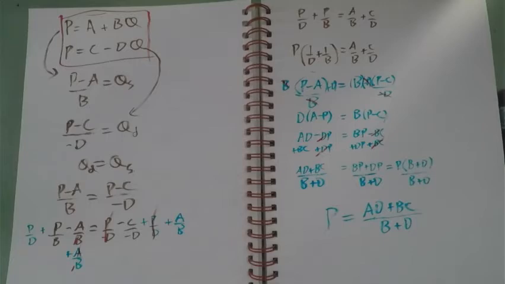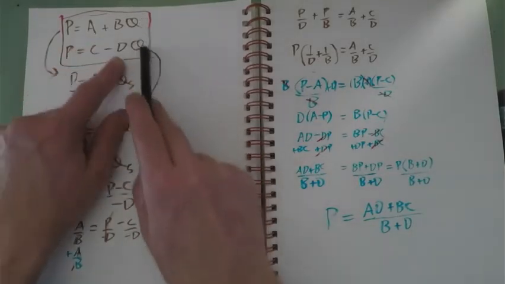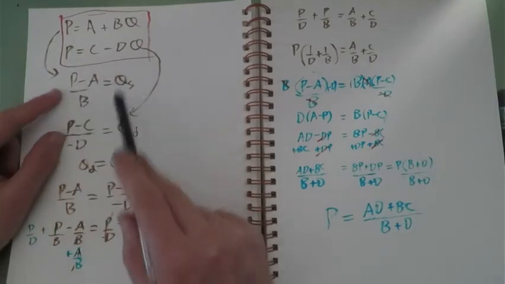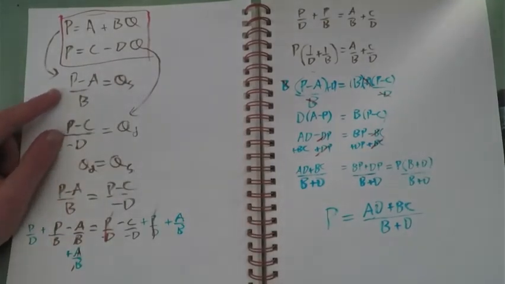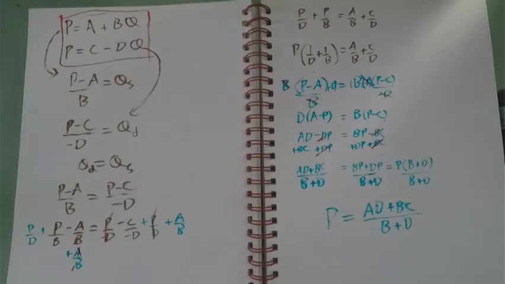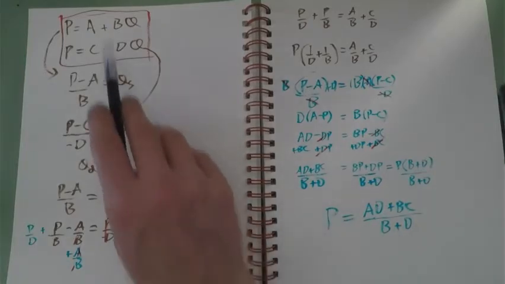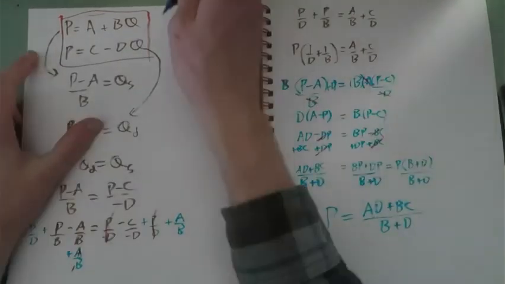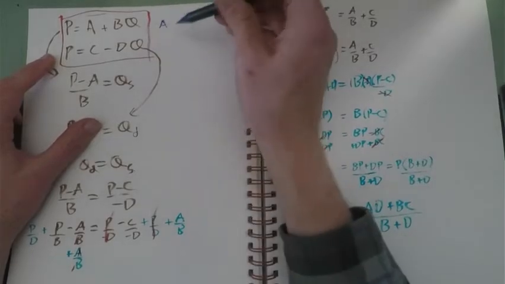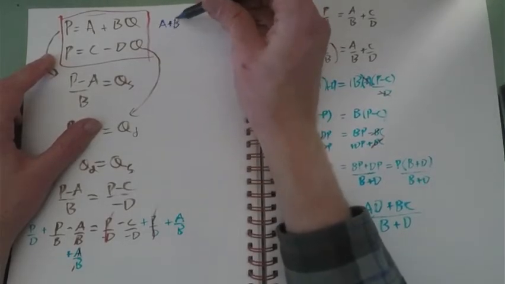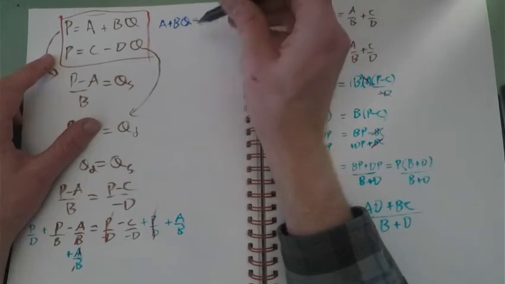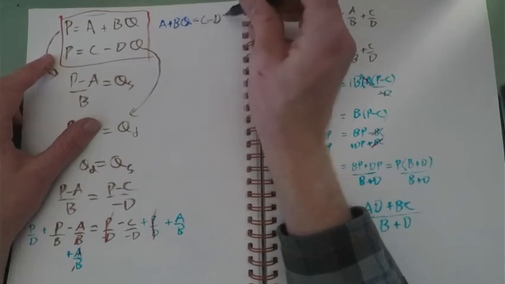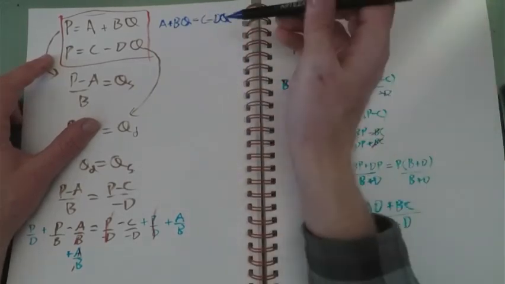So that is a price. And we can plug that back into, I guess, either of these, and that'll spit out a quantity that should be an equilibrium quantity. But just to be sure, let's go ahead and think about solving the problem this way. I'm going to try and save some paper and smush this in here. I'm going to say A plus BQ equals C minus DQ. Let's see.